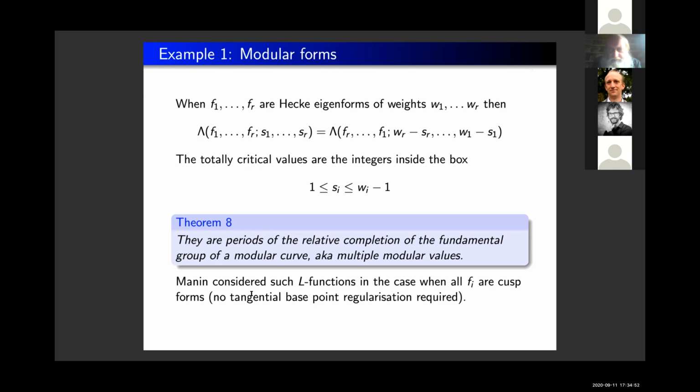So in more layman's terms, they are iterated integrals of modular forms, of sections of certain algebraic bundles on modular curves, and they're absolutely periods in the sense that we would want. So something certainly works in that situation.